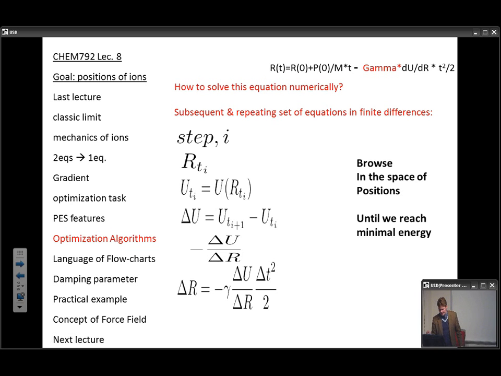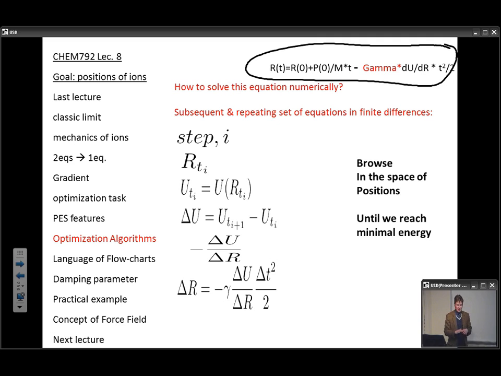So we take our main equation and break it into pieces. It is a very simple equation, but we want to simplify it even further. So the idea is that we break it onto simple algorithmic pieces that follow one after another, and then we repeat them in a cycle.